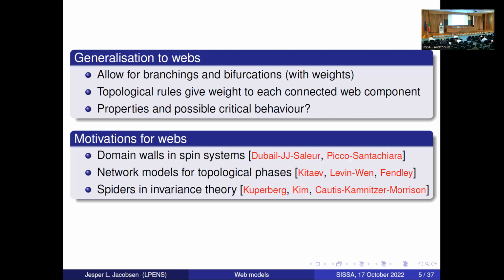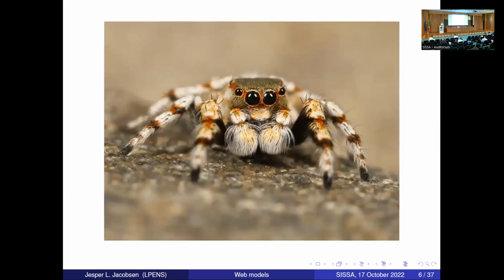They have also been discussed in certain network models for topological phases. And importantly for this piece of work, they have appeared in some mathematical literature in invariant theory. And I'm going to exploit this algebraic link using a paper by Kuperberg and others by Cautis, Kamnitzer, and Morrison.